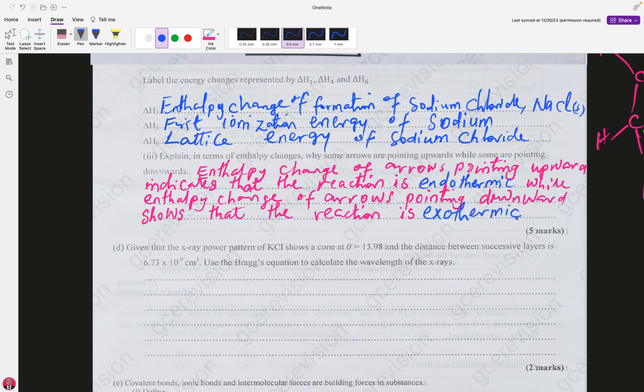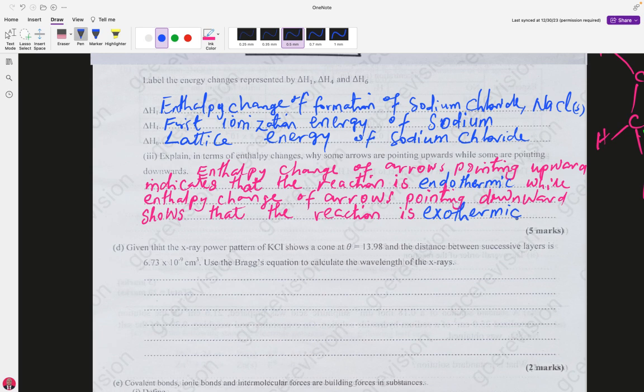That means the reaction has a negative value. So, in terms of enthalpy changes, the enthalpy change of arrows pointing upward indicates that the reaction is endothermic, while the enthalpy change of arrows pointing downward shows that the reaction is exothermic. That is just all.